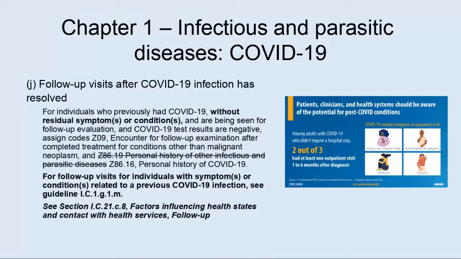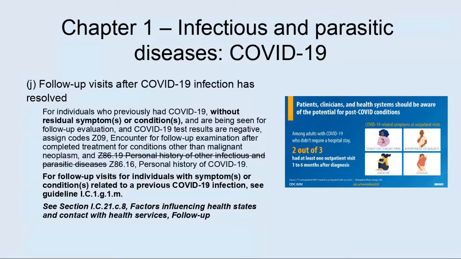The same change from Z86.19 to the more specific Z86.16 was made in this guideline, follow-up visits after COVID infections. So for individuals who previously had COVID without residual symptoms or conditions and are going to be seen for follow-up, assign Z09.